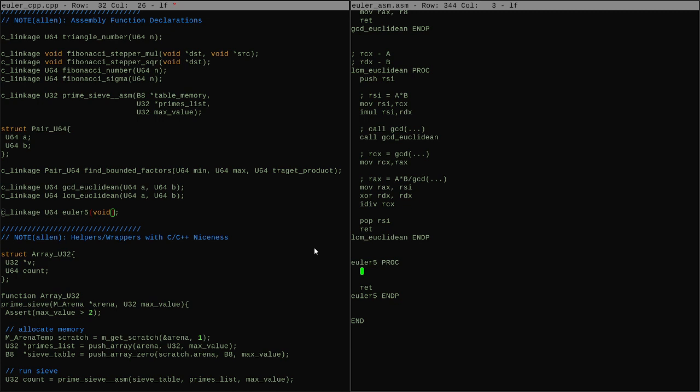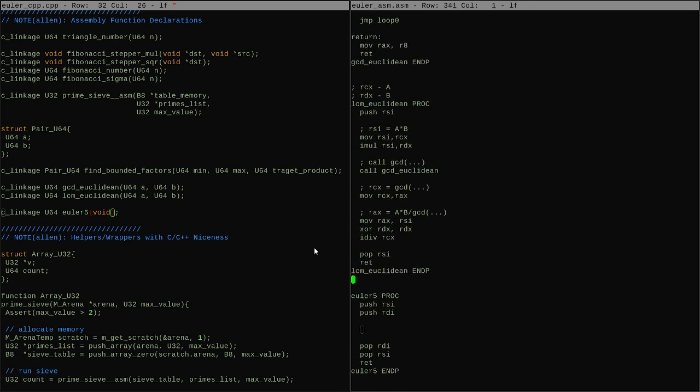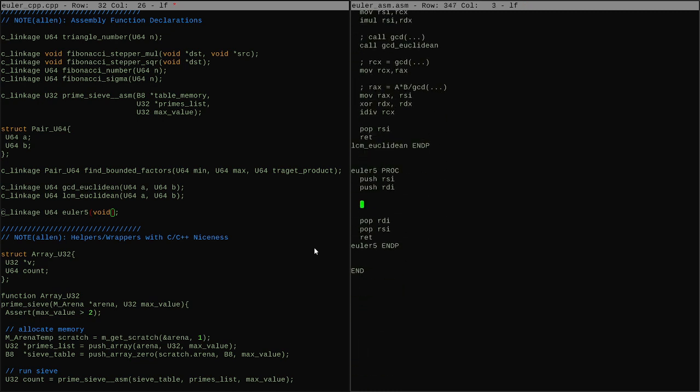So I'm going to need a stable counter and an accumulator. That's 2 registers. So I'm going to have 2 registers that are callee save that I can keep over the function calls.